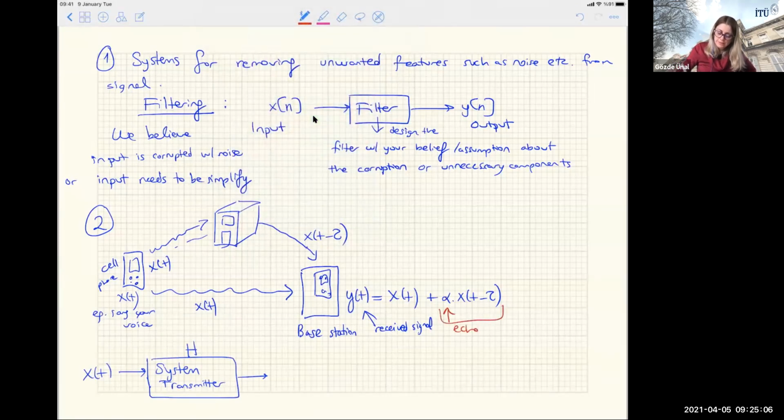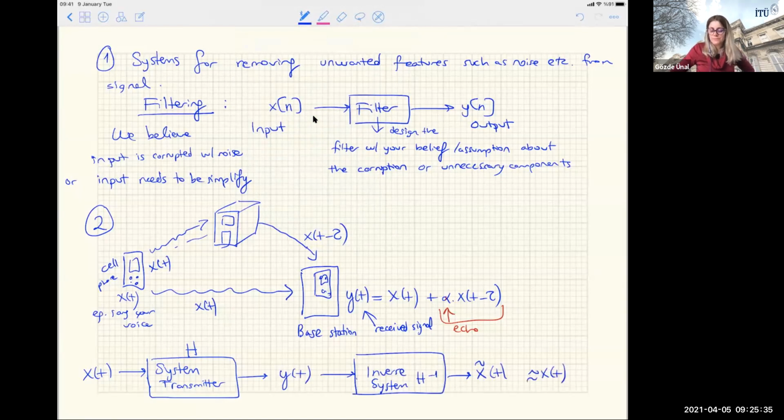The goal is to get rid of that. So for these communication engineers, the goal is to come up with the inverse system of H, to undo the effects of H. Then you get an x tilde of t, which is hopefully almost x of t.